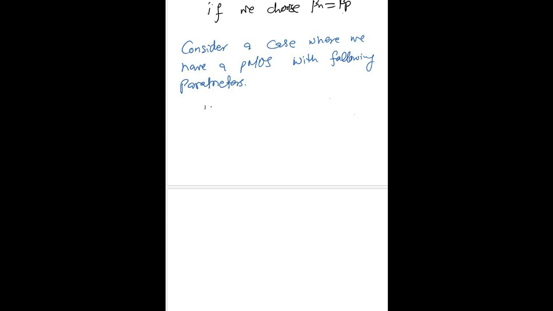Kn bar is equal to 140 microampere per volt square, K bar P is equal to 60 microampere per volt square, and then we have VTN, which is equal to plus 0.7 volts. We have VTP, which is equal to minus 0.7 volts, and VDD is given by 3 volts.